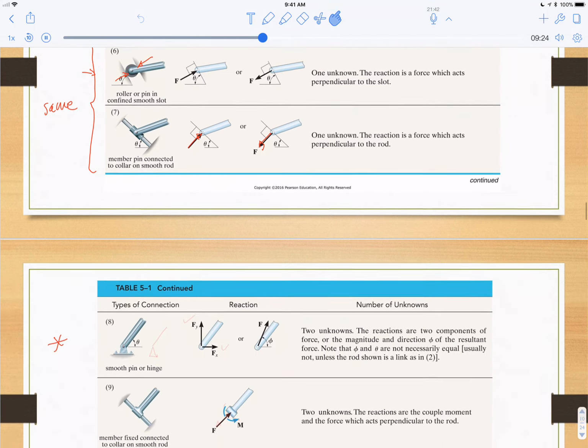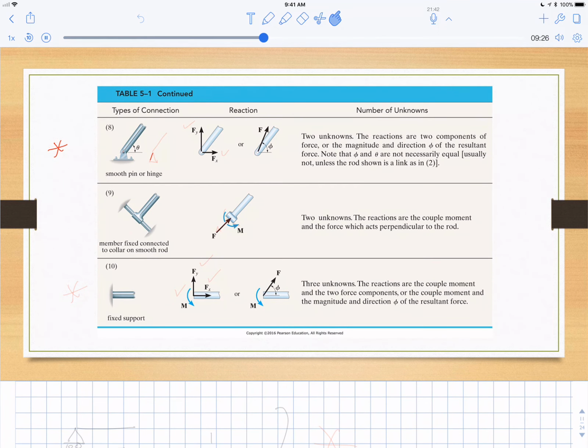Okay, here is another really important one, often drawn in a picture just as a triangle. There's no moment there because of that hinge, but what you do get is an X and a Y reaction. This one here is kind of rare.